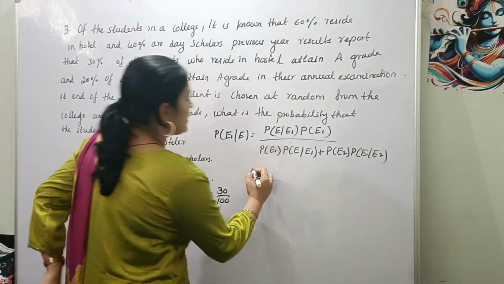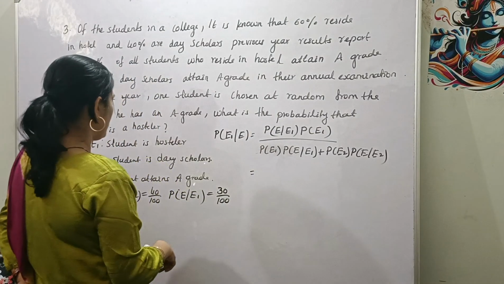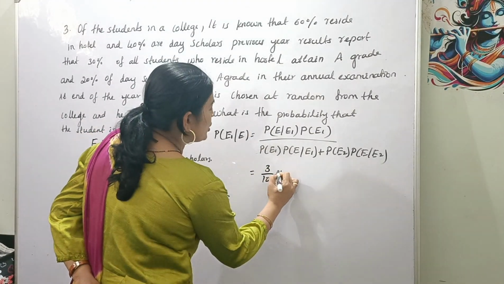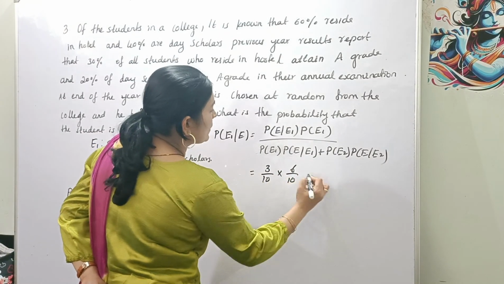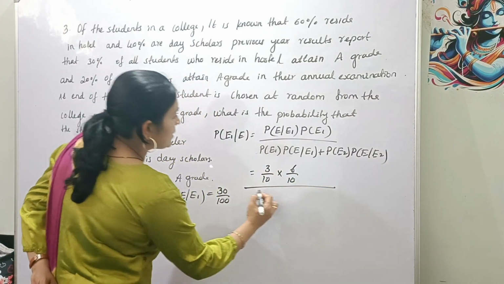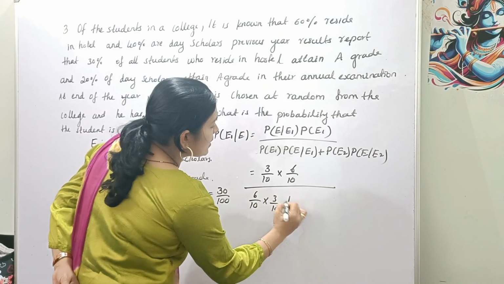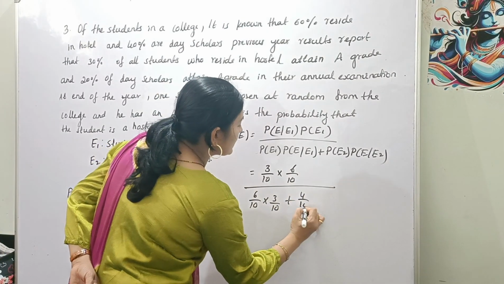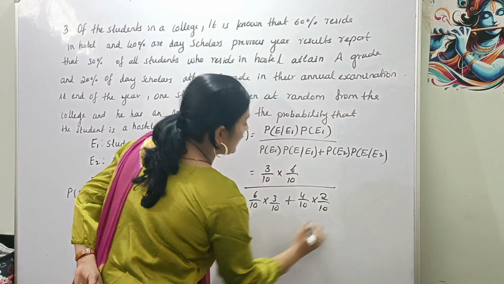Now substitute this here. Probability of E given E1, 30 by 100, that is 3 by 10, into probability of E1, 6 by 10, divided by 6 by 10 into 3 by 10 plus 4 by 10 into 2 by 10.